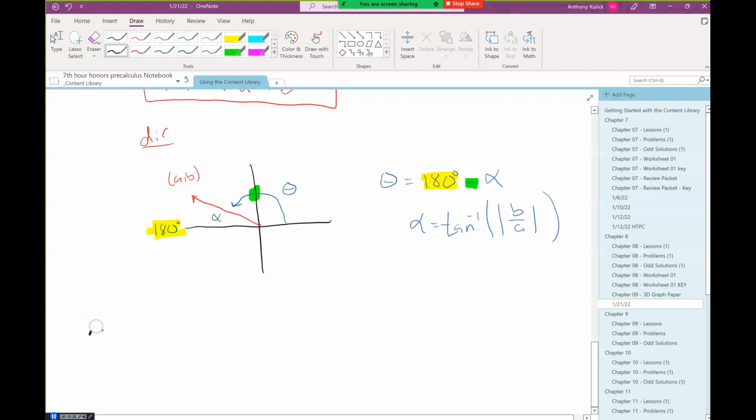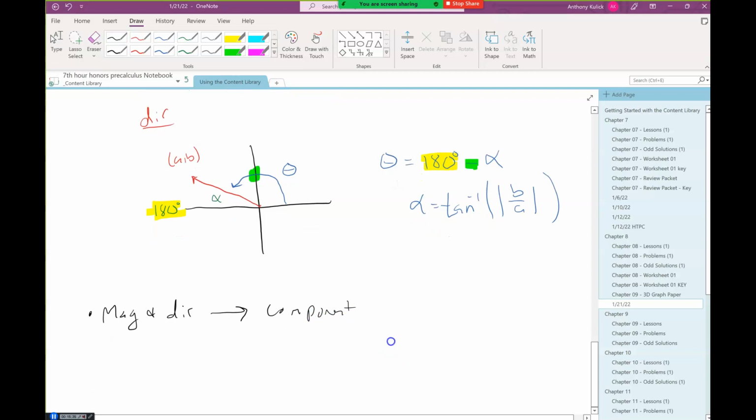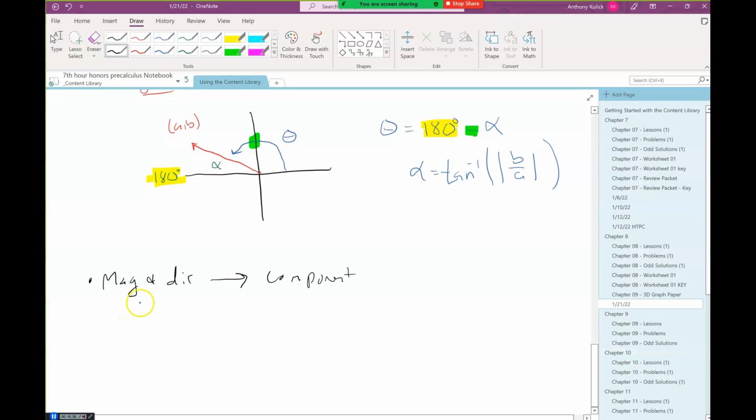And then we need to do magnitude and direction to component form. So let's say we have some vector v, where we'll just write its magnitude as the magnitude of v. And I'm going to use theta to represent the direction of vector v.